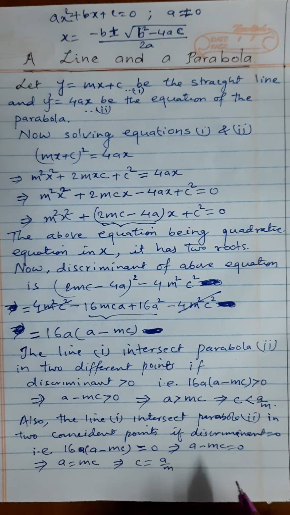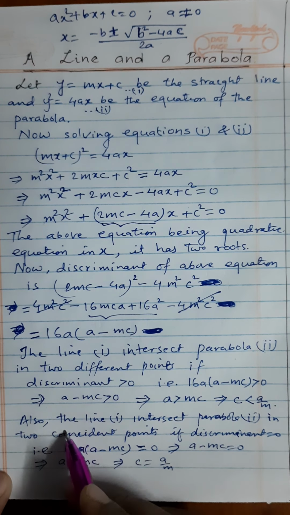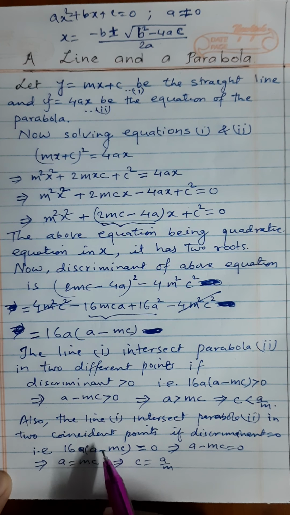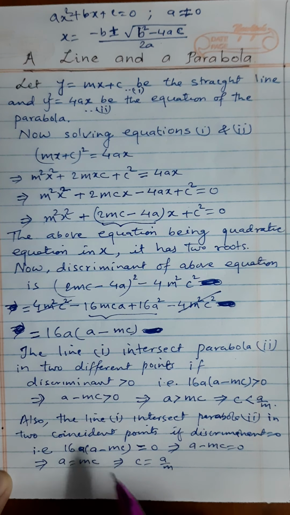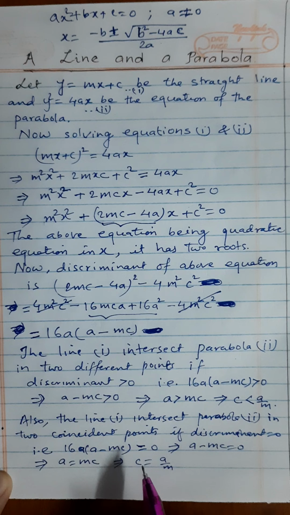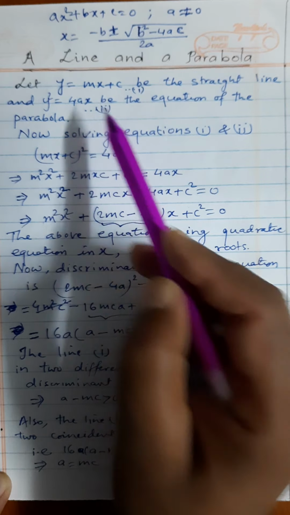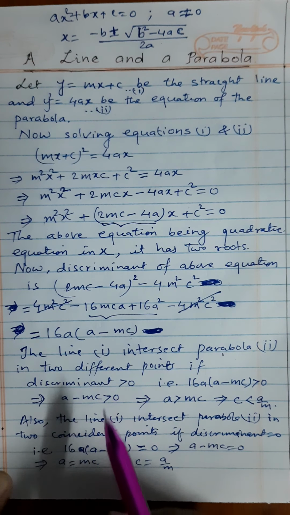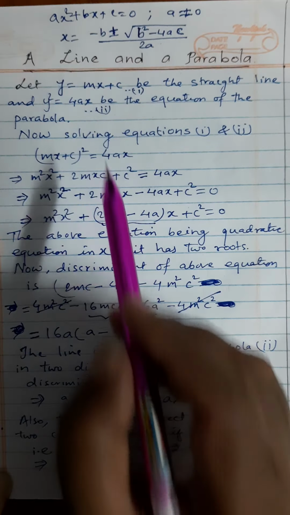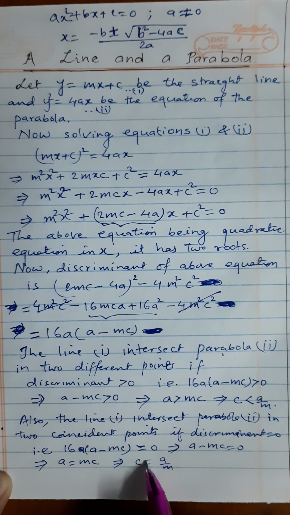That means I have said that it intersects in two coincident points. Two coincident points means it is the only one point. Coincident means overlapping, one point over another point. So it is a single point: this line intersects parabola 2 in only one point. That means it just touches. It just touches means this line is the tangent to the parabola 2 if c equals a over m.